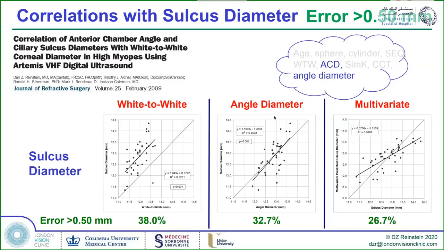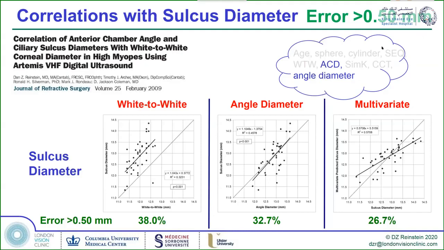And it was said that if you just use the angle to angle, you'll get better prediction of the sulcus. And you know what? It was better. But you still had a 32% chance of predicting the sulcus with an error greater than 0.5 millimeter, and therefore choosing a lens that was outside of the one that you should have.